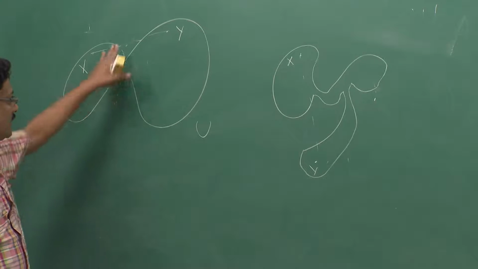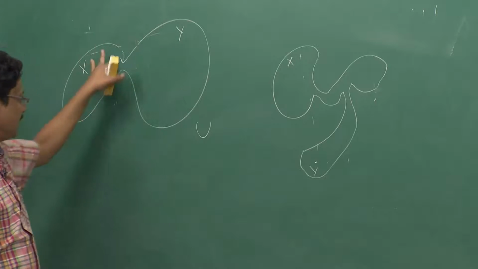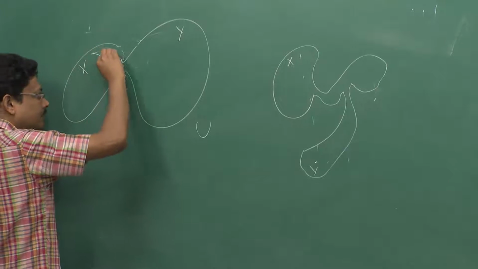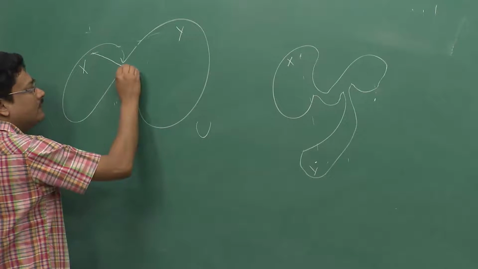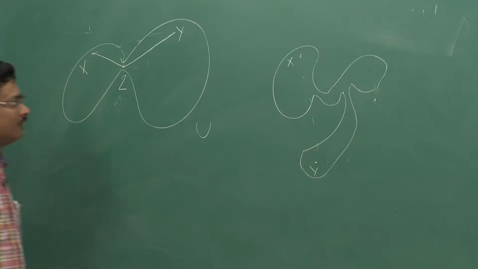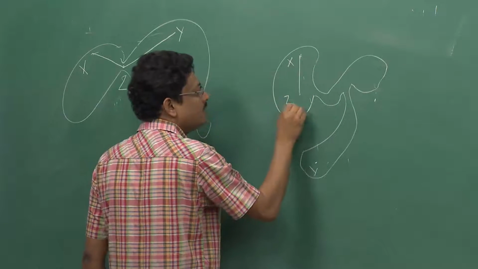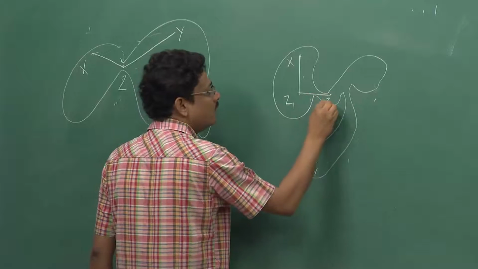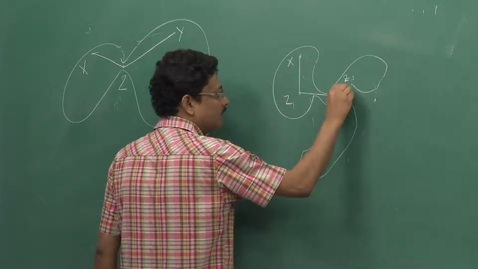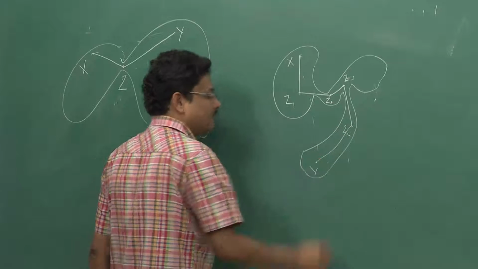But what I can do always, I can still do a simple trick. I do not join x and y directly, I put a point z in between, join x and z and join z and y. Here also I can choose not one z, but maybe many, z1, then z2, then z3, then z4, and then finally y.